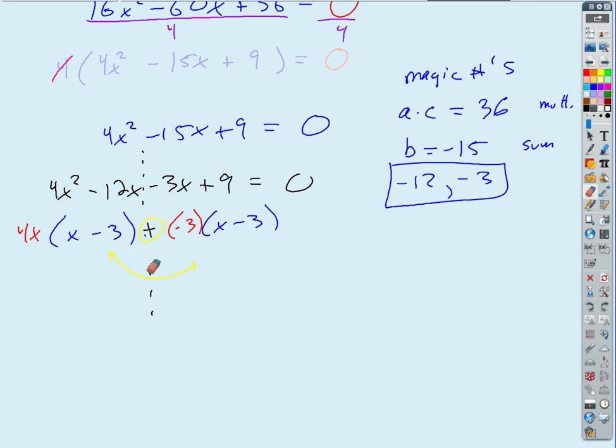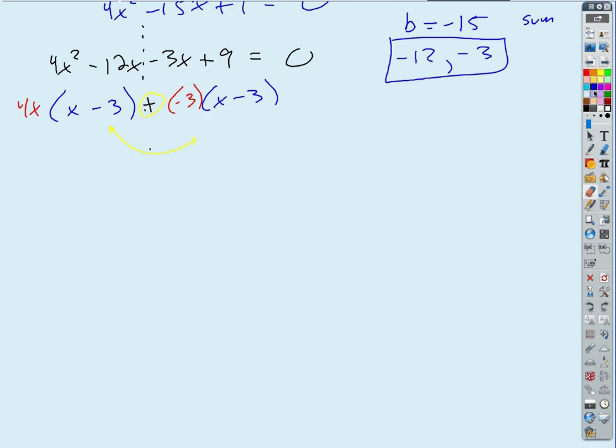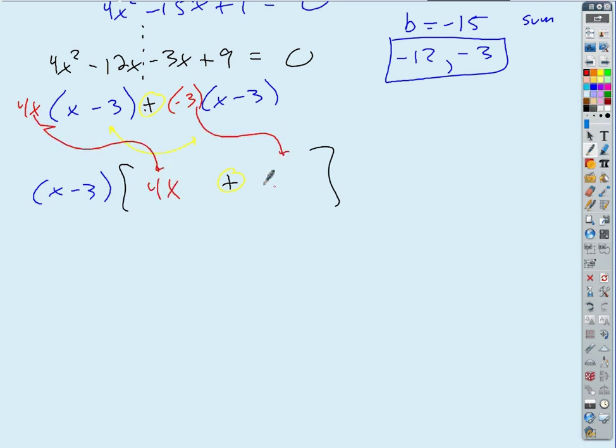Right, now you've essentially got everything factored. If I've got group 1 and group 2, if I undistribute the x minus 3, what's left behind? From the first group, I get a 4x. From the second group, I get a -3.